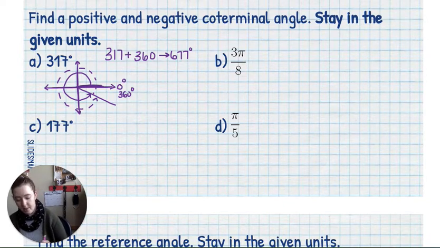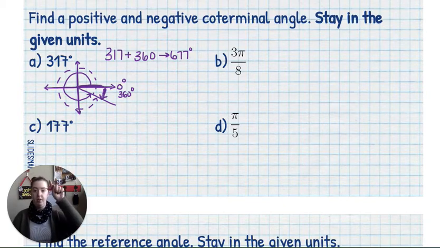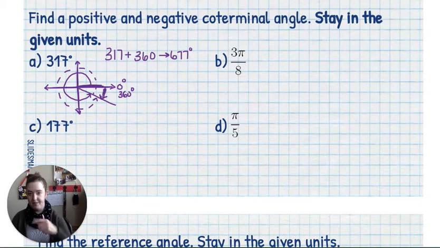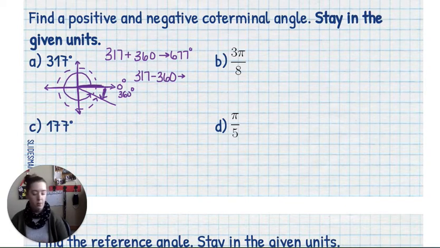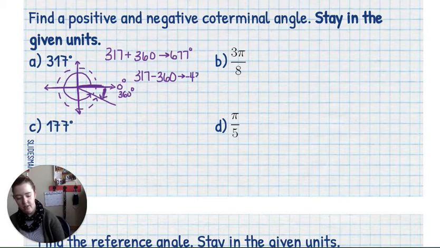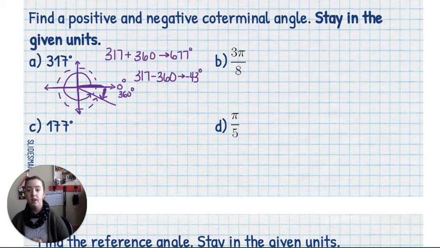Or we could go the other way, from 0 down to meet that angle, so going in the negative direction. So if we take 317 but subtract 360 this time, we're going to end up with negative 43 degrees. So each of those angles is going to land in that same spot.